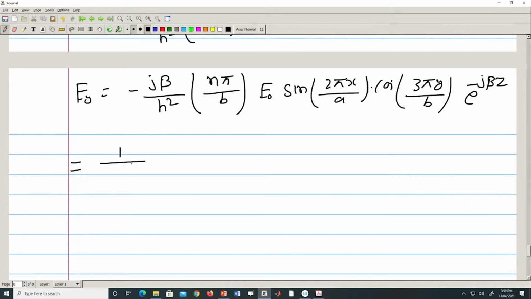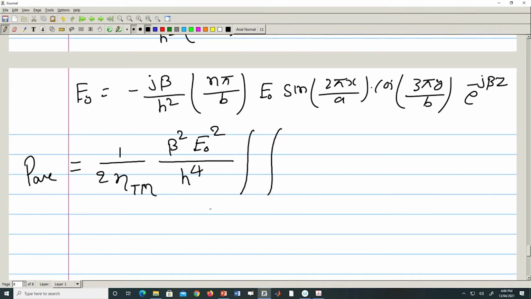This will be 1 by 2 eta TM, that is the power average, into beta square E naught square, which is common, divided by h to the power 4.